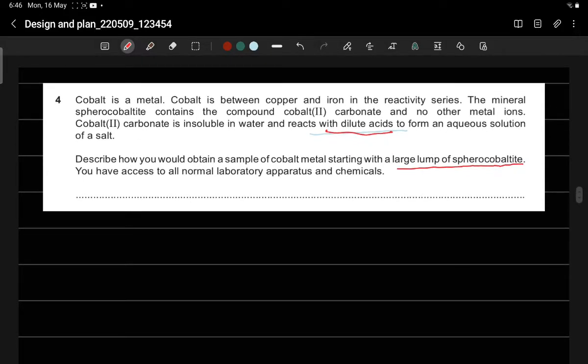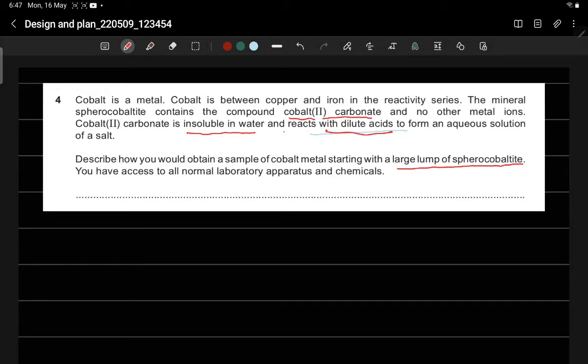This question is based on the stability of metal compounds and extraction of metals from the ore. So we know that the compound consists of cobalt 2 carbonate. We can decompose it, but the examiner said that it is insoluble in water and reacts with dilute acids to form an aqueous solution.